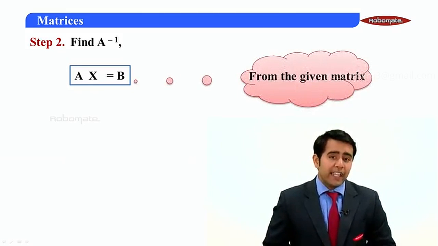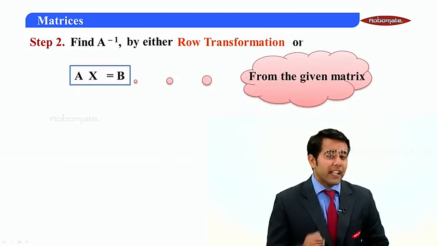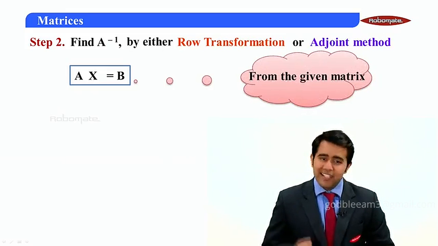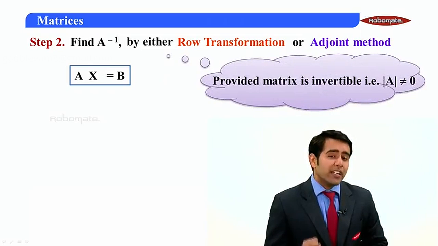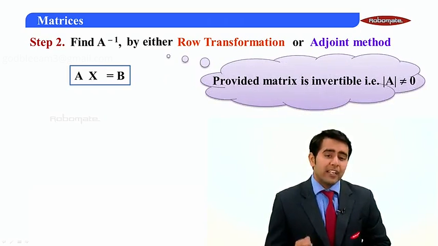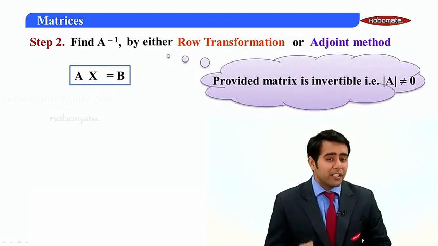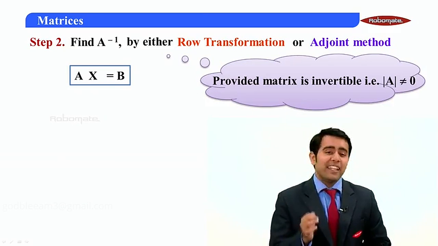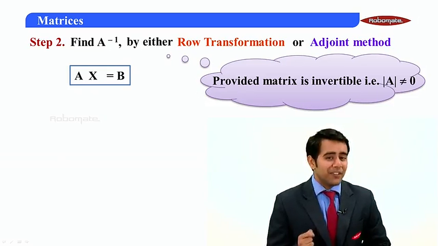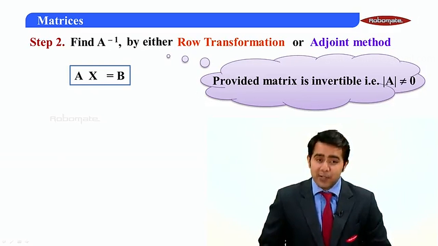To find A inverse from the given matrix, we have either row transformation or the adjoint method. The row transformation we have already studied in the previous module, and the adjoint method has also been learned by us. The important point is that the matrix should be invertible, that is, the determinant of A should not be equal to 0.